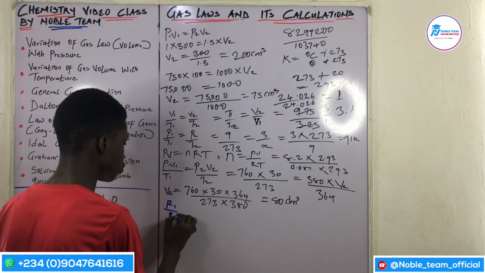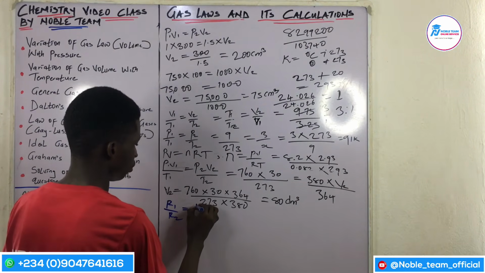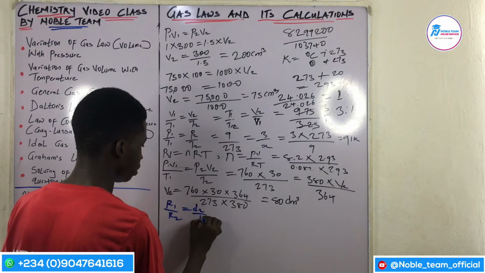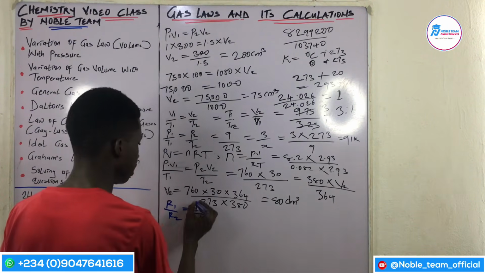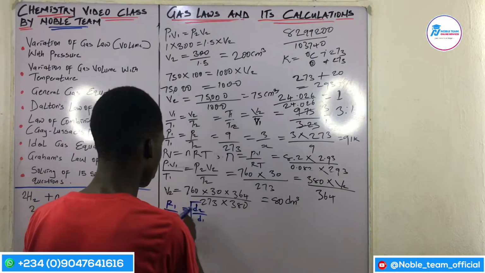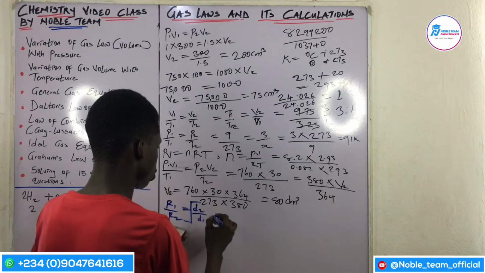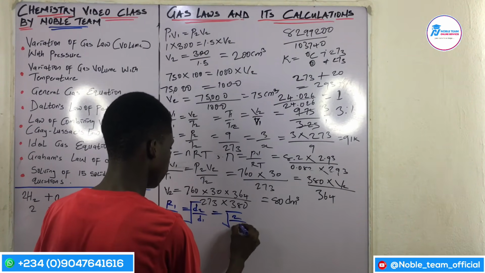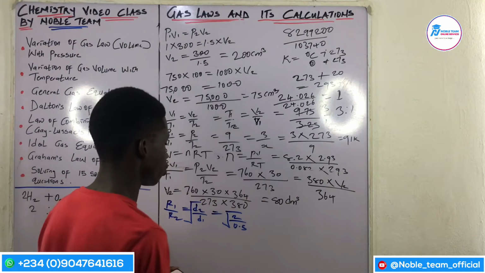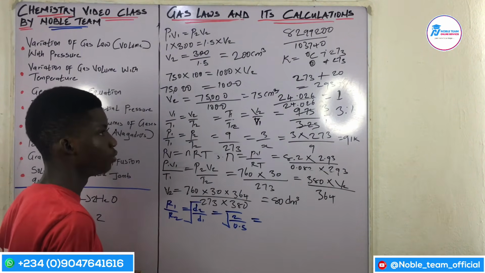R1 over R2 is equal to the square root of D2 over D1, or we call it the molar mass. Remember what I said earlier. So we are looking for the rate of diffusion. Now my D2 is 2, so it is the square root of 2 over 0.5. So what am I going to do here? 2 divided by 0.5 should be 4.